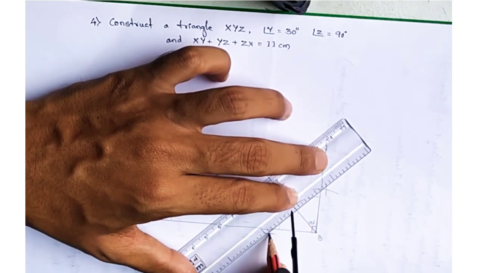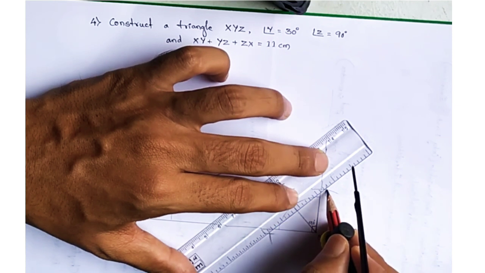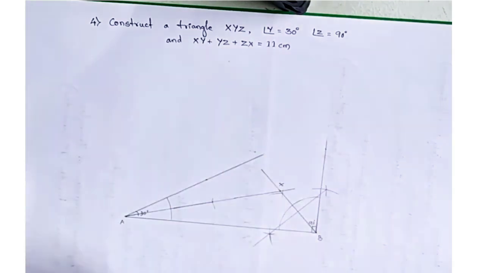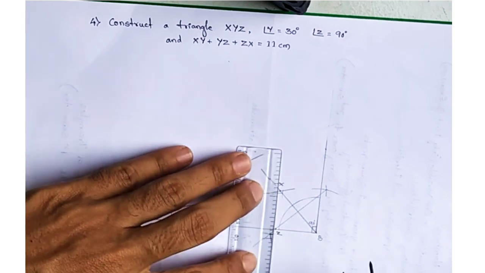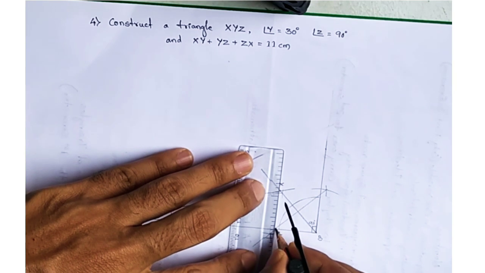Where that perpendicular meets AB, that will be our Z. Join X and Z.